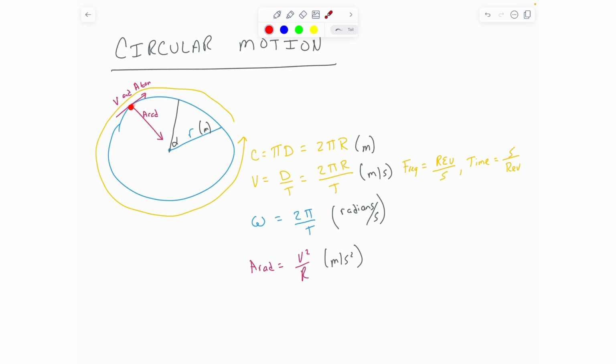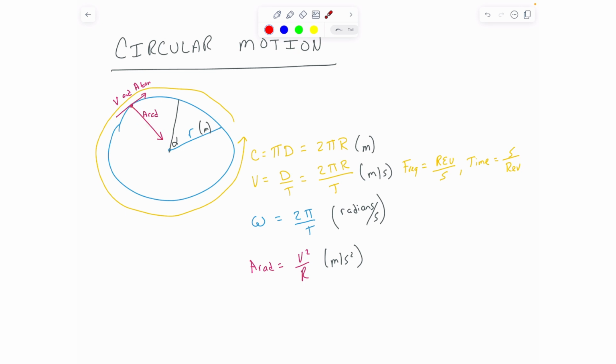The tangential part can be zero. There can be no tangential part if the speed is constant. So let's say you're going 3 meters per second, if you're constantly doing 3 meters per second, then the tangential acceleration is non-existent, and all you have is just radial.